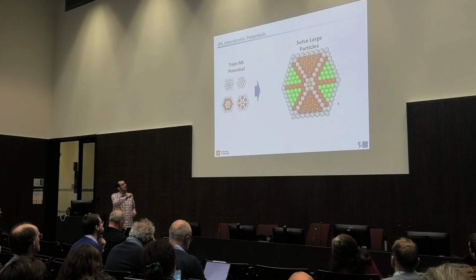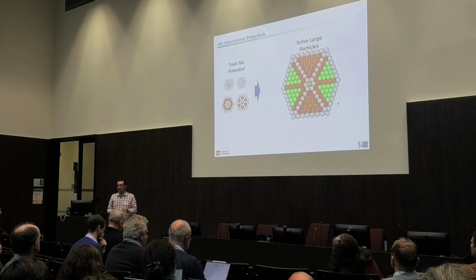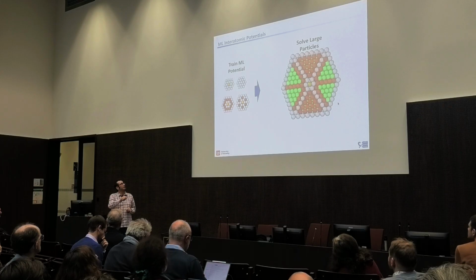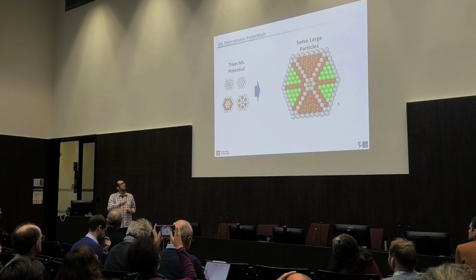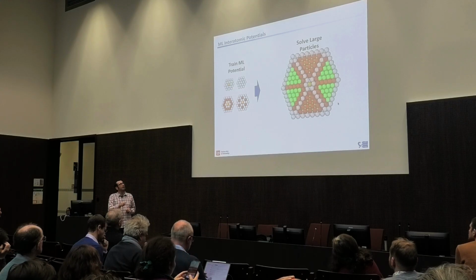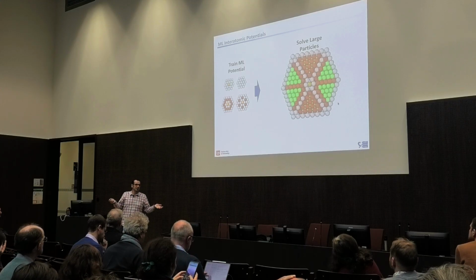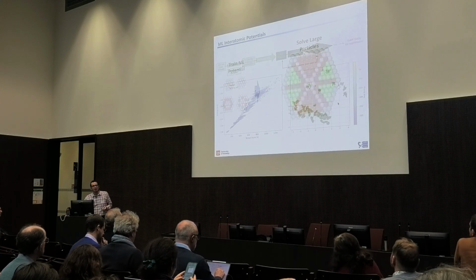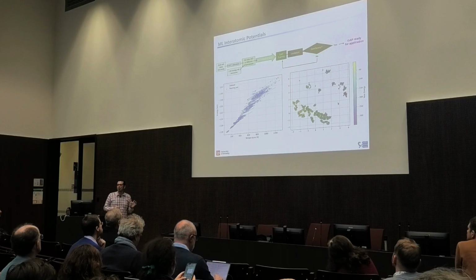But at this level, it is not possible. The idea is very basic. Perform quantum mechanical level accurate simulations for these small particles, build a machine learning potential, and solve large particles. Then, if your potential works well, there is no limit on the number of particles.